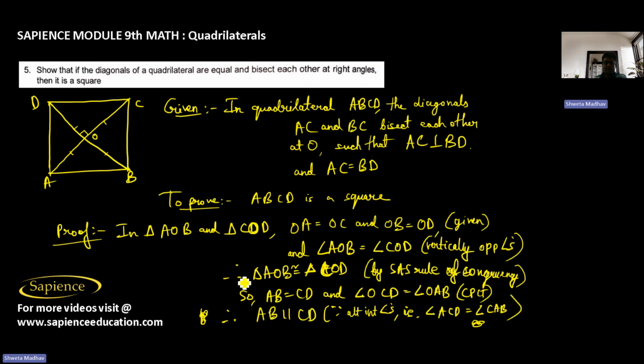So I can see that in quadrilateral ABCD, two opposite sides are parallel and equal, which means that ABCD is a parallelogram.